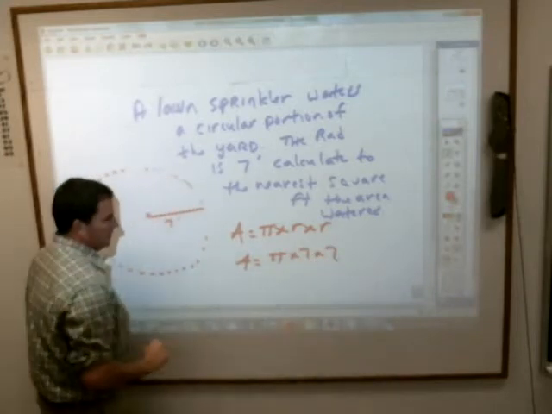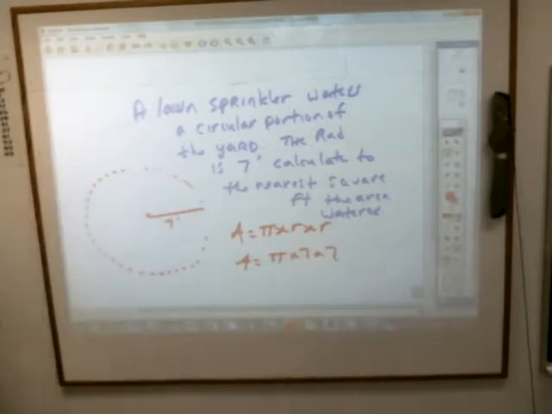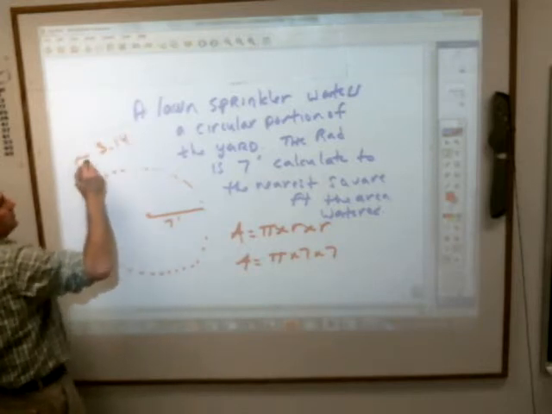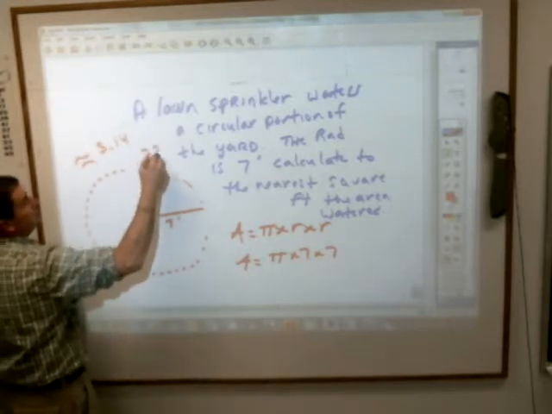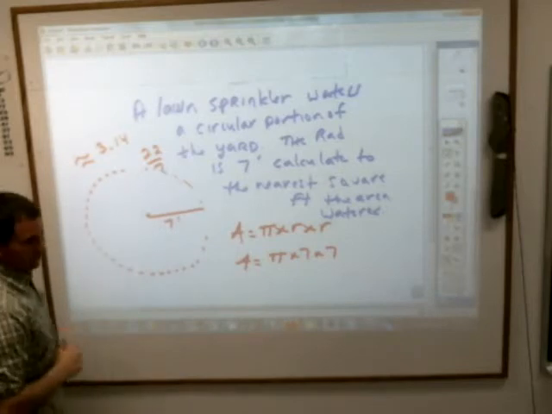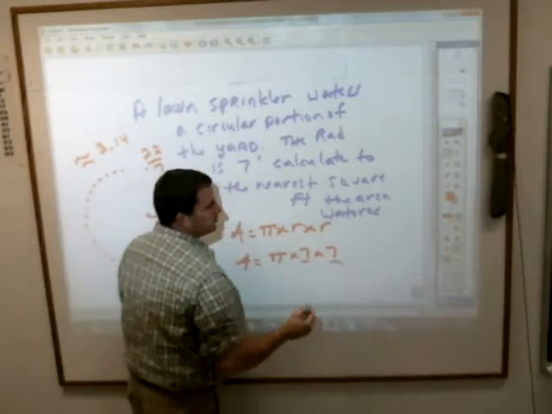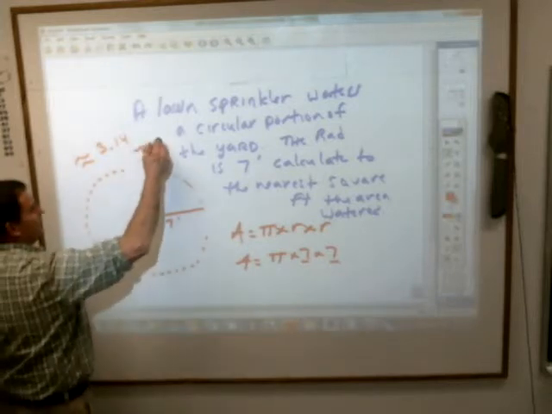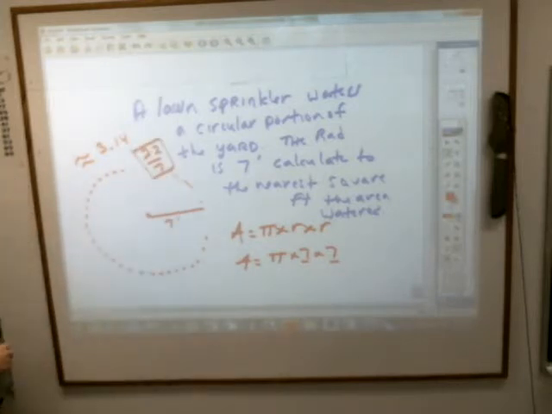7 times 7. Now let me give you a little clue here, children. Remember we said the two acceptable forms of pi are either 3.14, and both of these are what we call approximations, or 22/7. If your radius is some multiple of 7, use 22/7. Actually, the book usually tells you which one to use.